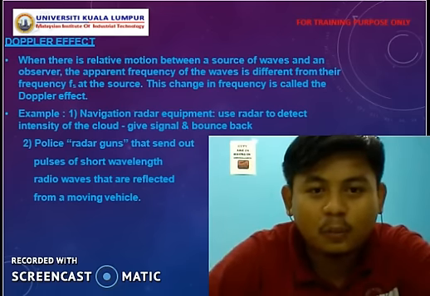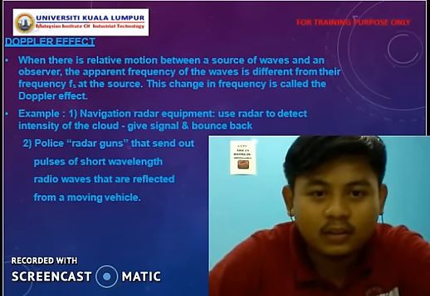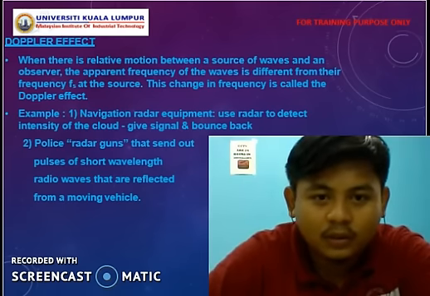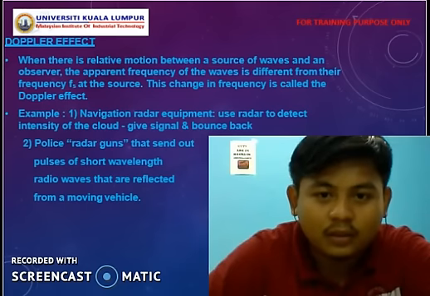And then is Doppler effect. When there is relative motion between a source of wave and observer, the apparent frequency of the wave is different from its frequency f at the source. This change in frequency is called the Doppler effect.